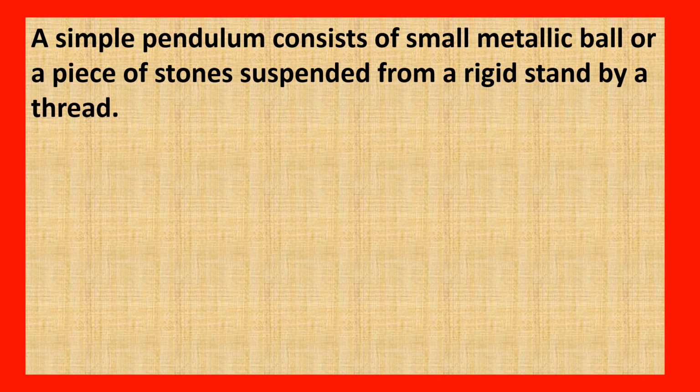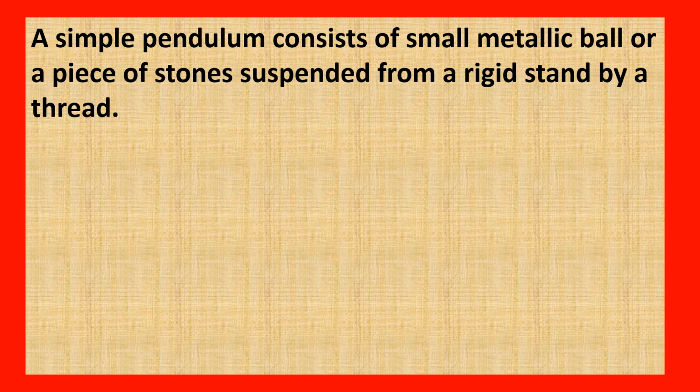A simple pendulum consists of a small metallic ball or a piece of stone suspended from a rigid stand by a thread. The metallic ball is called the bob of the pendulum. So what is a pendulum?